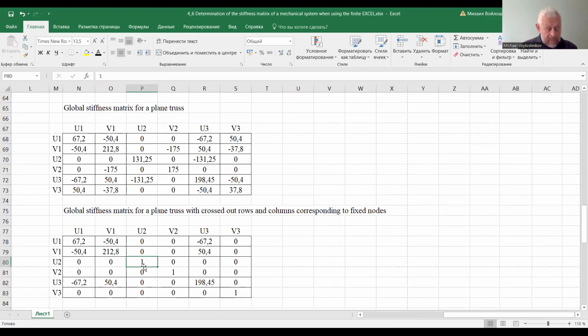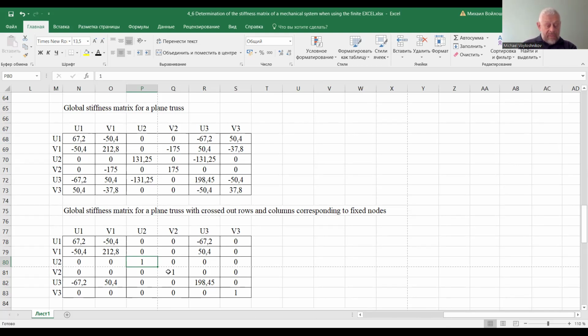We dial 1. And all other cells in this stiffness matrix adopted with the supports have to be 0, all zeros, for another displacement of the node 2. We can account the not possible displacement along the abscissa axis.